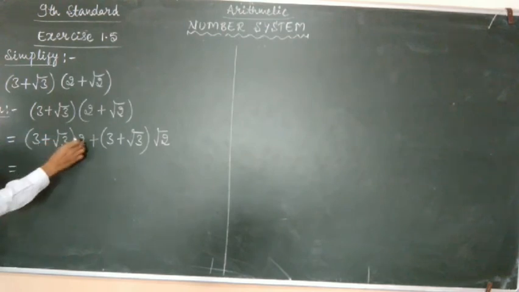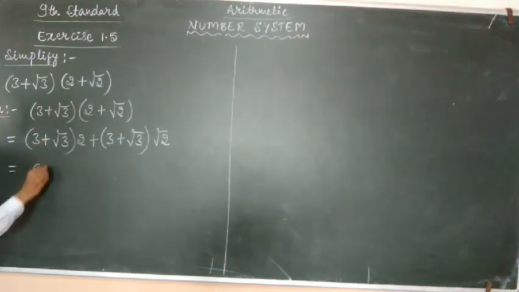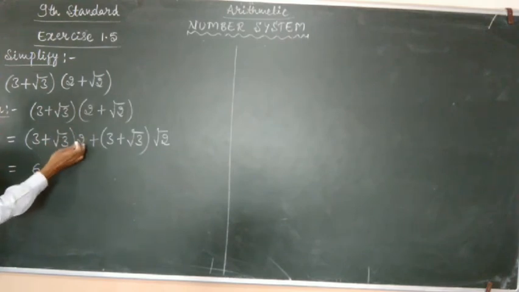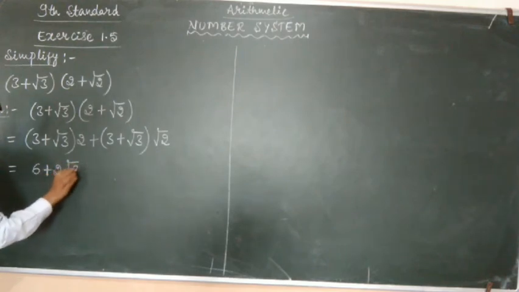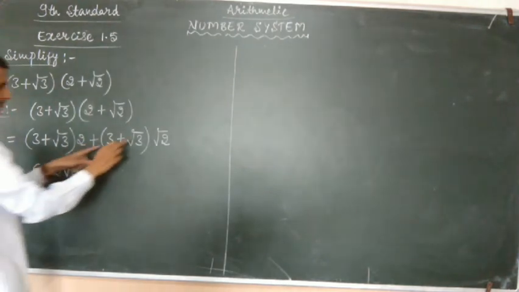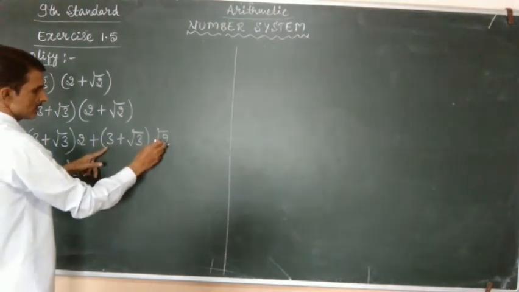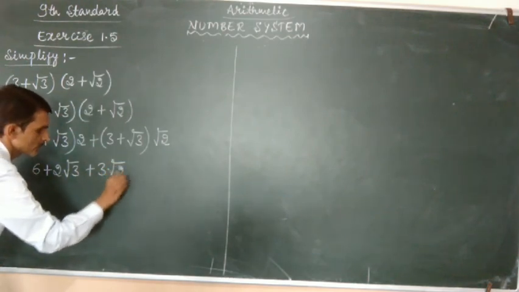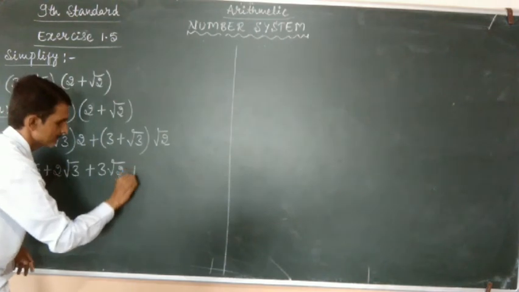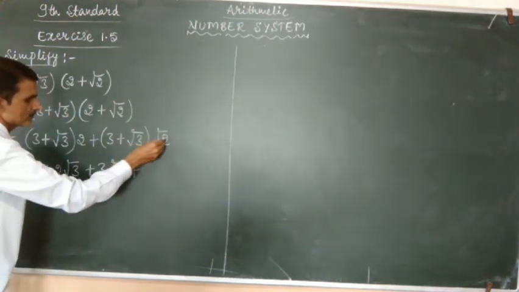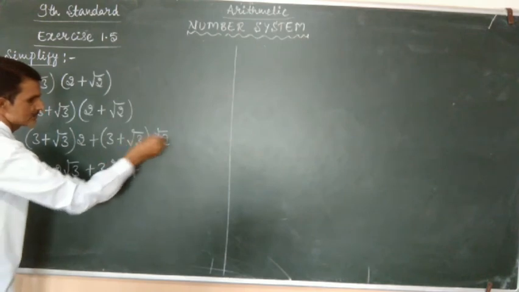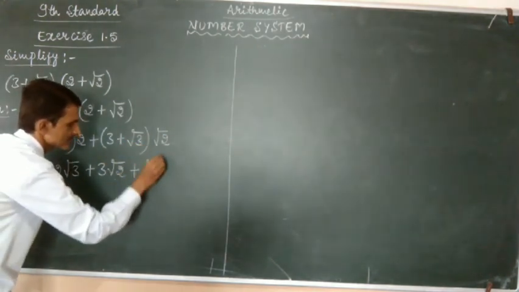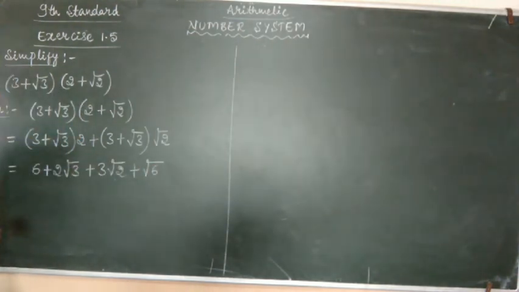So 3 2s are 6, it will become 6 plus 2 into root 3, so one is rational, the other is irrational, it will become 2 root 3, plus, now 3 into root 2 or root 2 into 3, it will become 3 root 2, plus into plus is plus, so now root 2 into root 3, both are irrational, so it will become root 6.